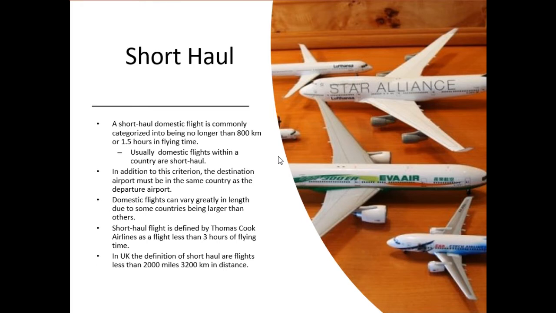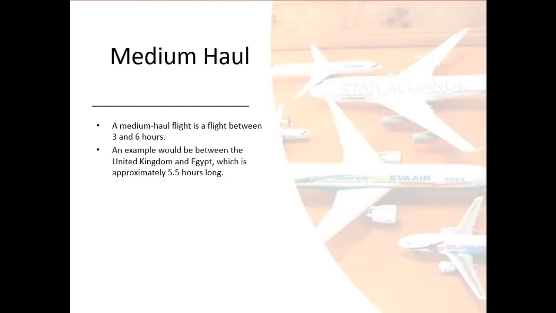In the UK, the definition of short haul is usually less than 2,000 miles, which is 3,200 kilometers in distance. The short haul definition also differs according to the continent or country because of the size, but for Asia Pacific, 1.5 hours is the maximum.